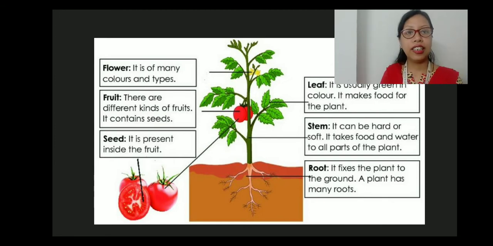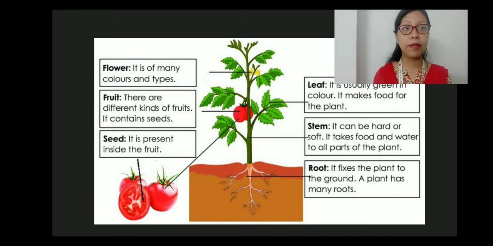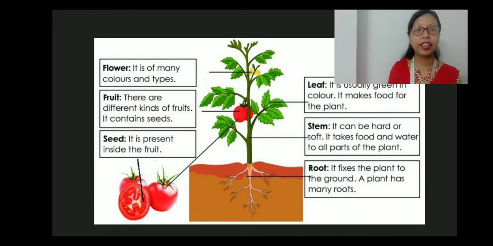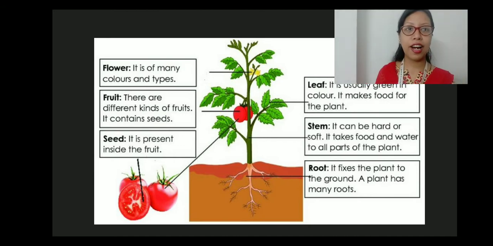Tomatoes have very small seeds. And the mango, everybody loves to eat mango, right? During the summertime, you have noticed that the mango seed is very big, right? Seeds are also of different shapes.